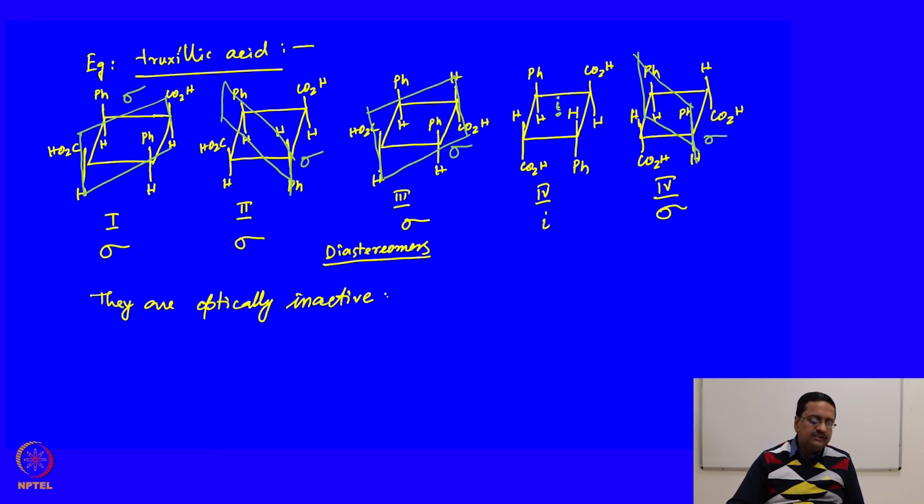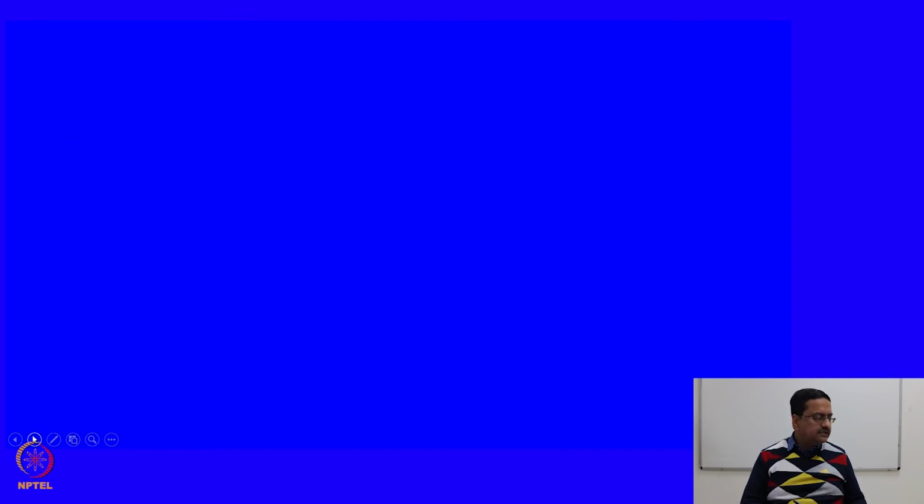A real example is truxillic acid. So, let us move to the next part of the course, where we will discuss the isomerism in cyclohexane derivatives.